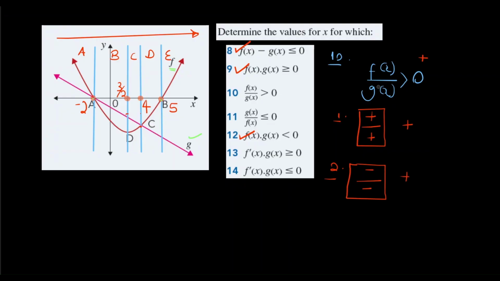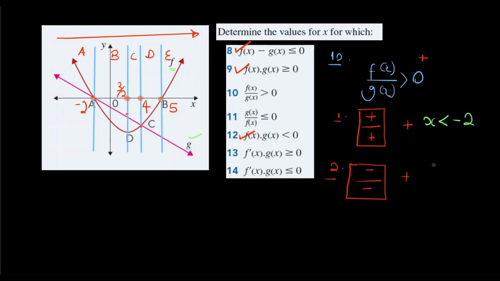So where is the graph of f and g both positive or both above the x-axis? And we know that they're only both above the x-axis at area A, and we represent area A as x is less than negative 2. Where are both graphs below the x-axis? It's in area B, C, and D, between negative 2 and 5.